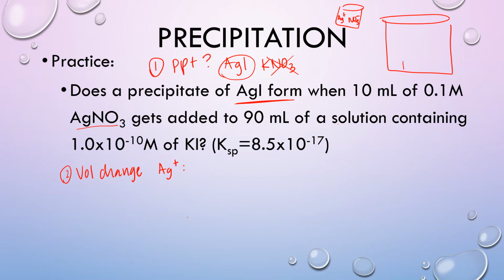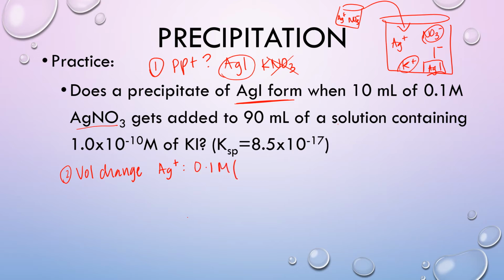We have another solution of potassium iodide, which also is in the ions. When we combine this together, we have all the ions floating around, and it's when these two come in contact that they're going to form the solid, and these are still just going to be hanging out in solution.